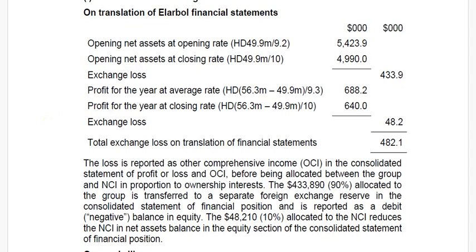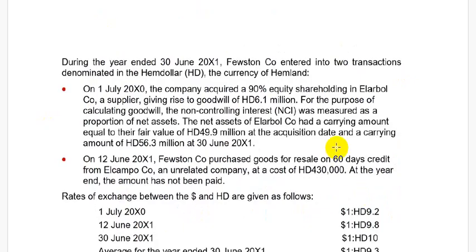But these assets also, at the end of the year, in HD, are now 56.3 million HD.